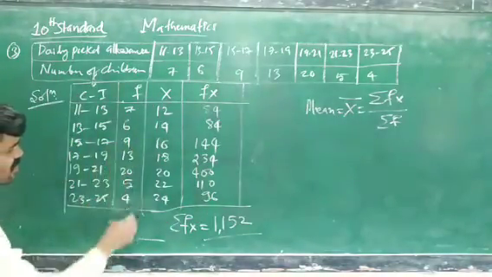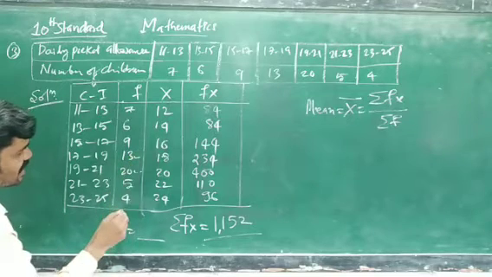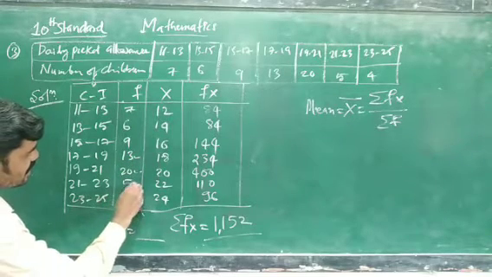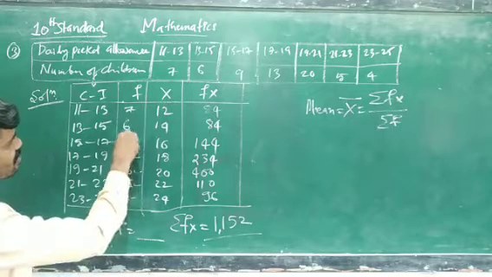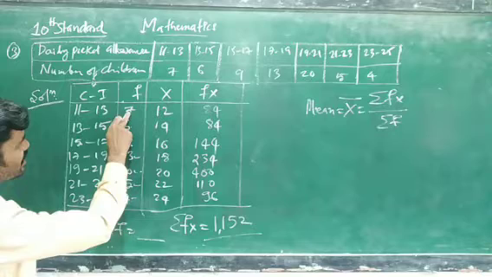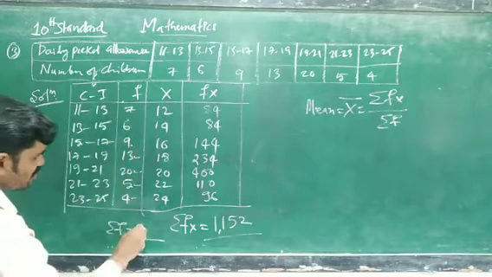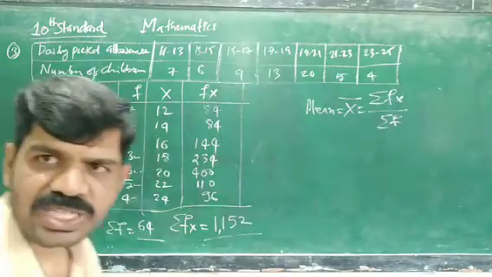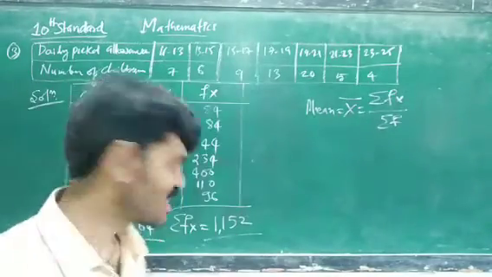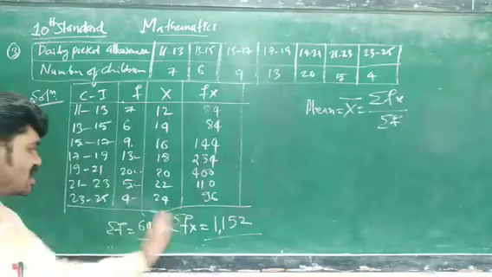So let us apply this in the formula. So the sum of f is 7, 13, 22, 33, 38, 42... the total, count it, yes, it is 64. So this divided by this.